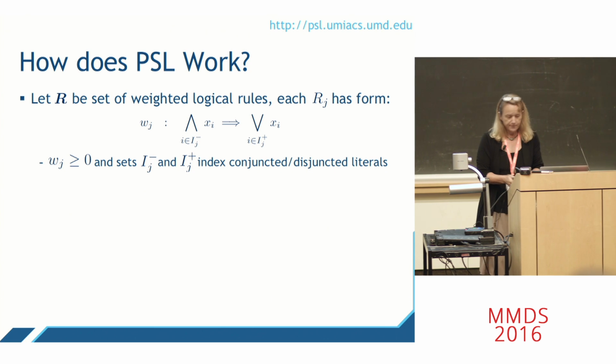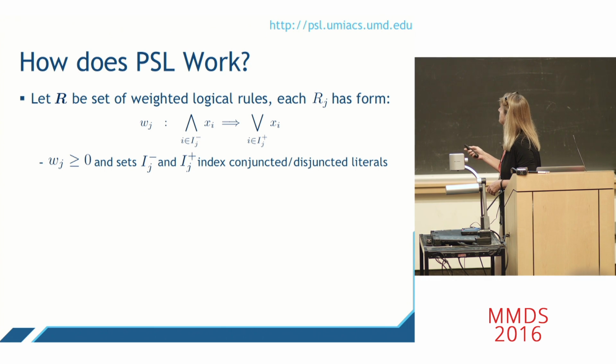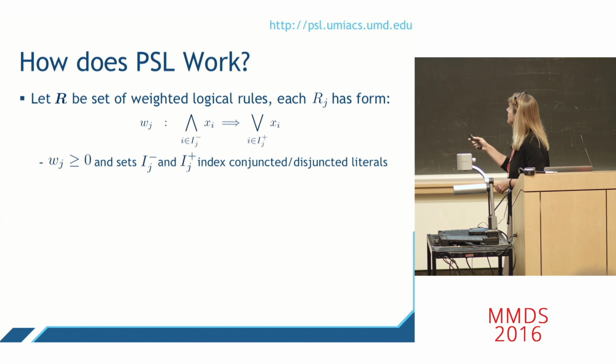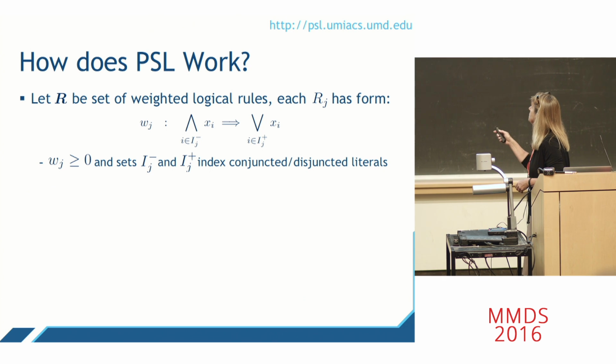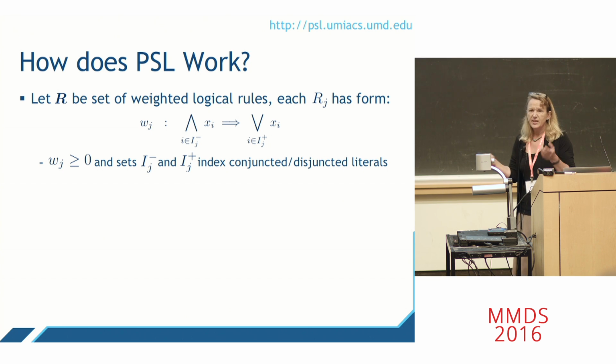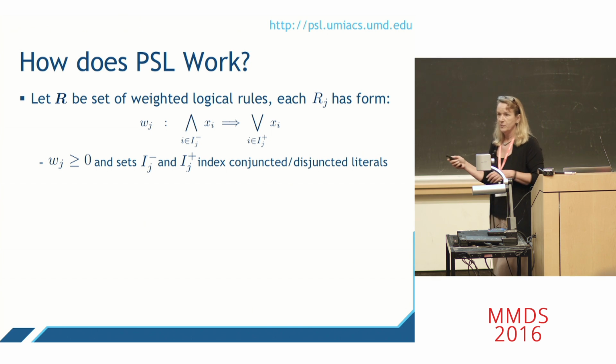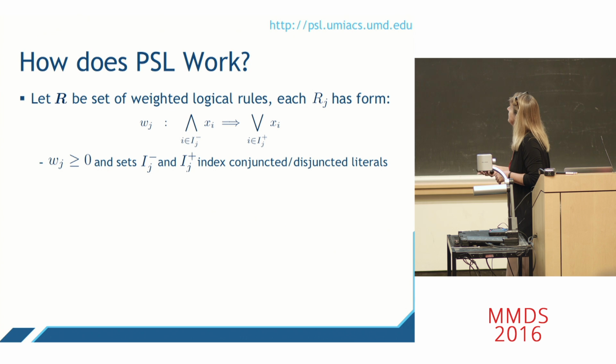And to simplify things, think of these PSL rules as weighted rules. I'll tell you how these work in a sec. But they're simple rules where I have a conjunction of variables in the body, a disjunction in the head, and the variables can be negated or non-negated, but I am going to keep track of the set of variables that were in the body versus in the head.